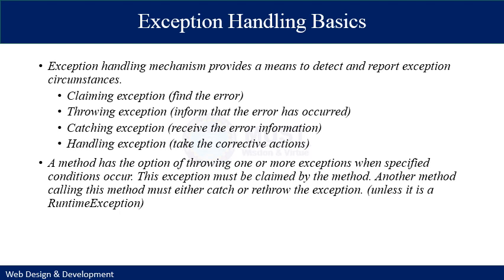A method has the option of throwing one or more exceptions when specified conditions occur. This exception must be declared by the method. Another method calling this method must either catch or rethrow the exception unless it is a runtime exception.